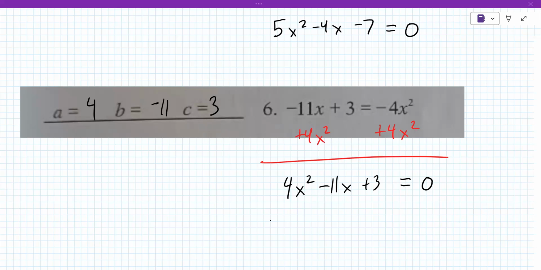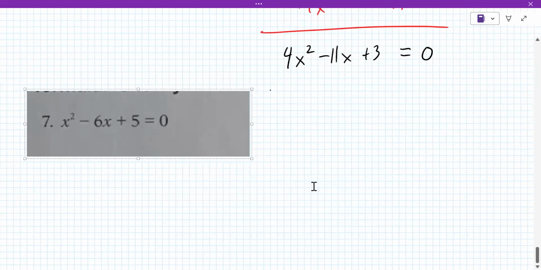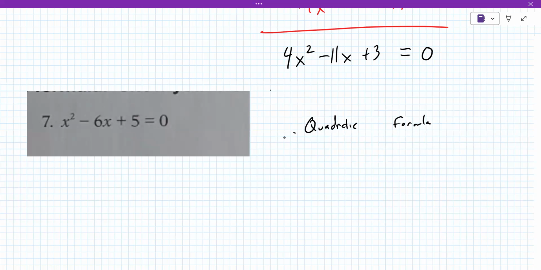All right, so number 7. This one says to use the quadratic formula. What do you remember about the quadratic formula? I don't remember too much about it.